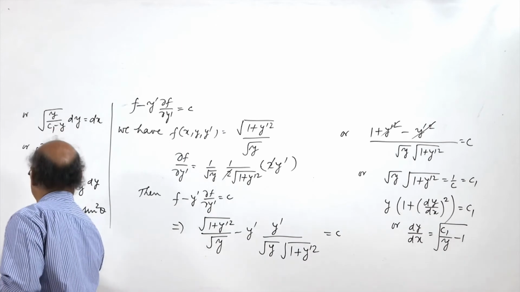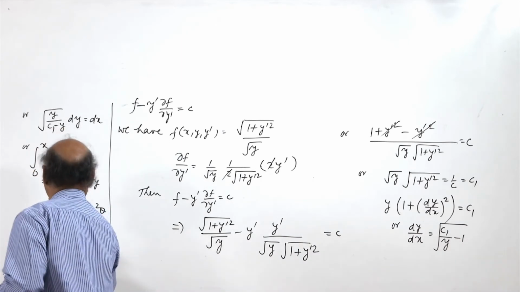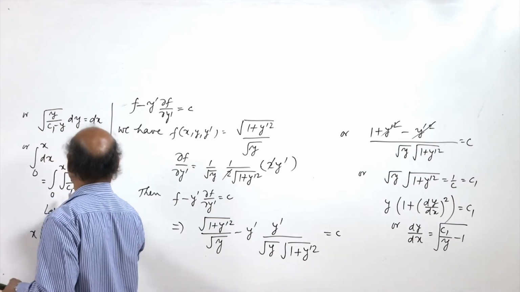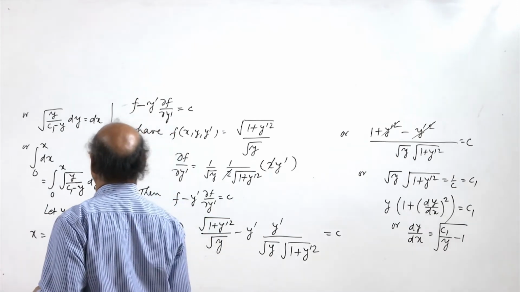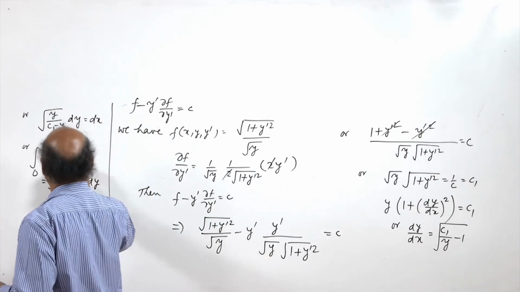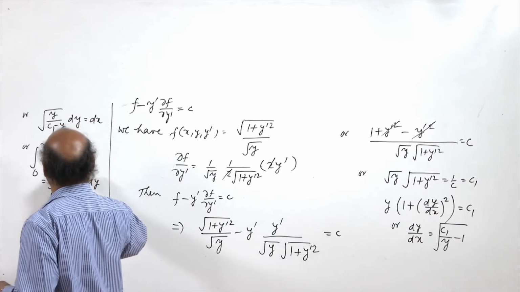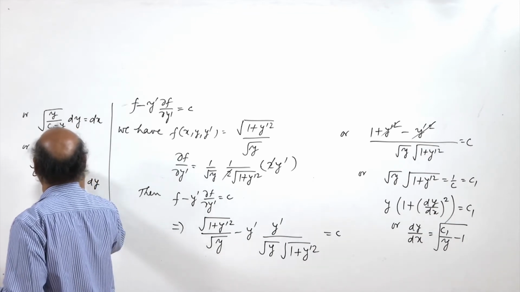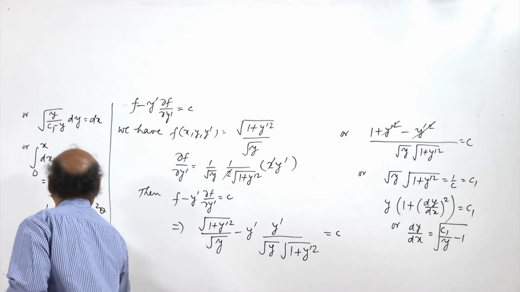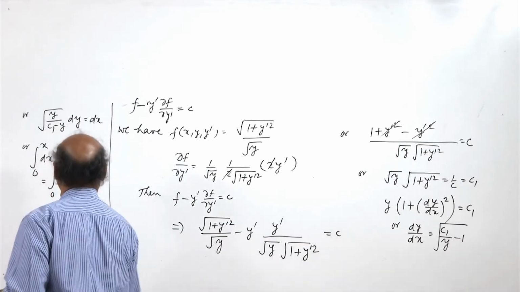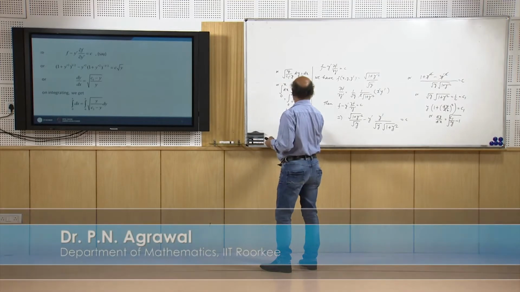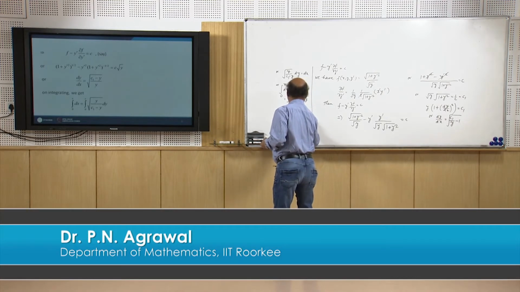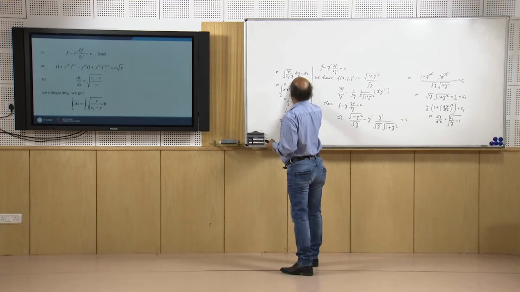So the left hand side becomes x, and dy will become 2c1 sin theta cos theta d theta. When x is x, y is y, so I think we should put y here. The limits should be 0 to theta, not pi by 2. At this point it should be theta, so let me write x here.